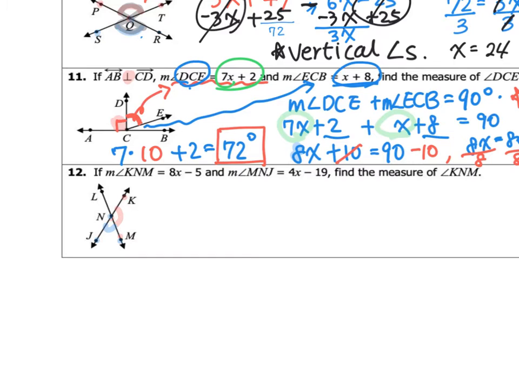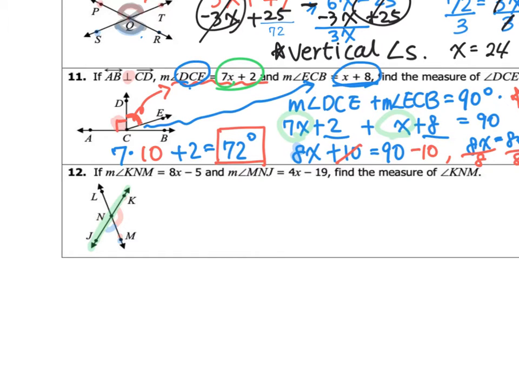So, one thing you can already tell, they are lined on the same straight line, right? That means they are a linear pair. A linear pair is always supplementary. Supplementary angles add up to 180 degrees.